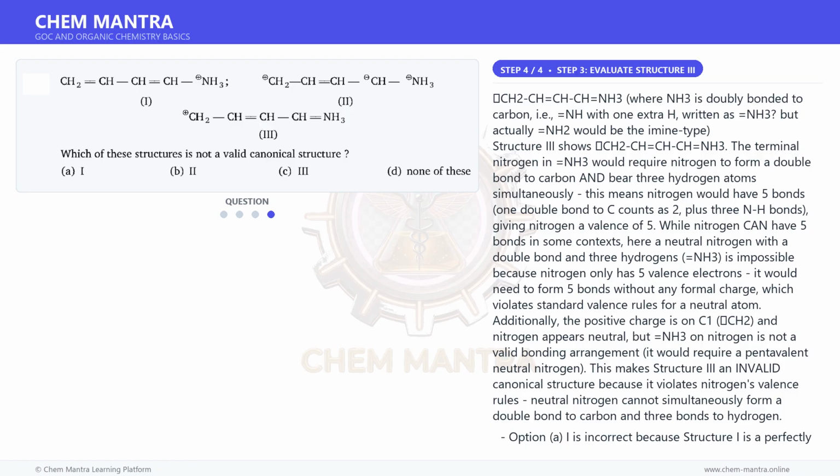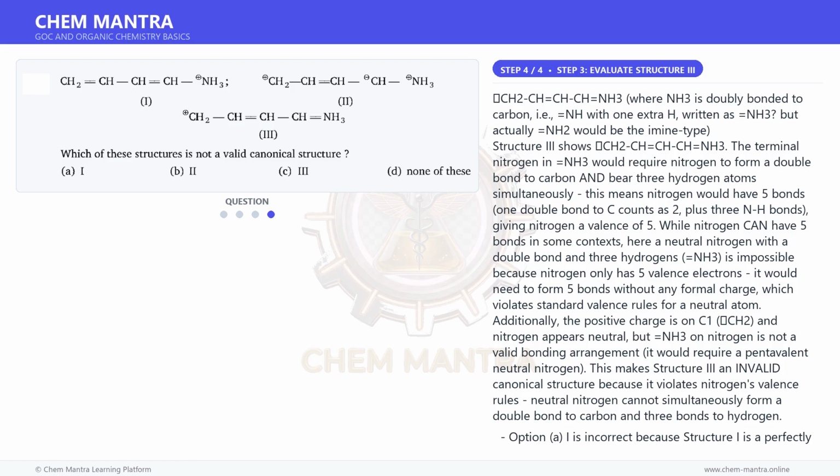The terminal nitrogen in =NH3 would require nitrogen to form a double bond to carbon and bear 3 hydrogen atoms simultaneously. This means nitrogen would have 5 bonds: 1 double bond to C counts as 2, plus 3 NH bonds, giving nitrogen a valence of 5.